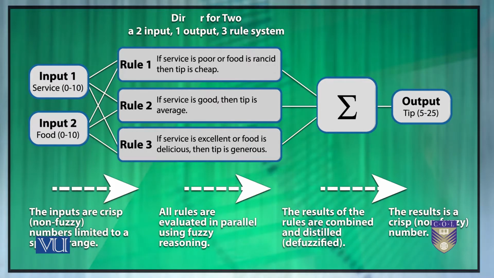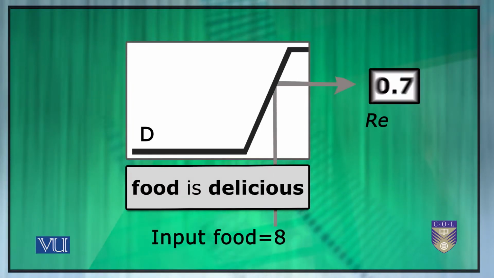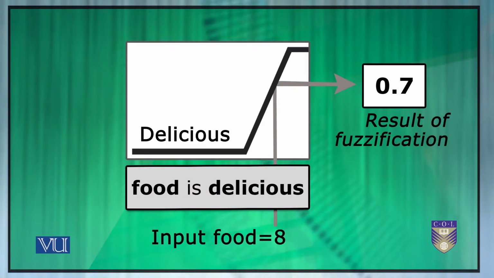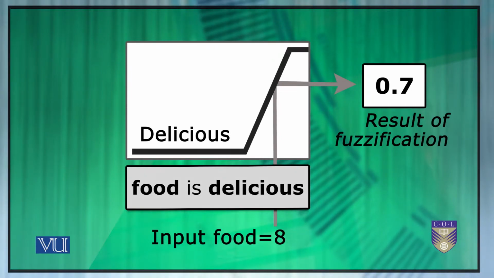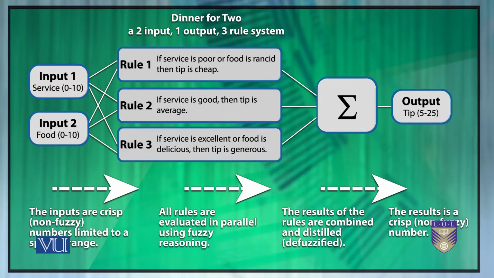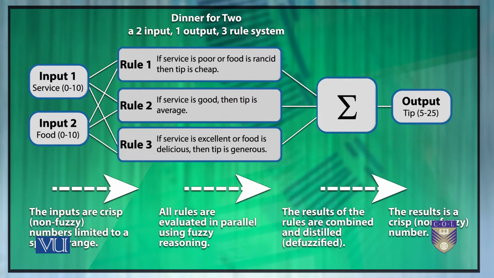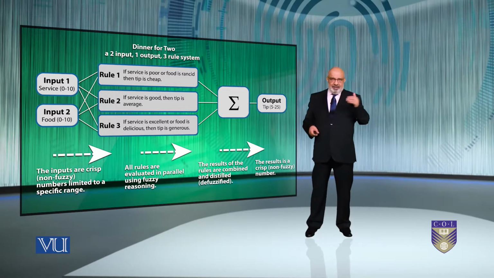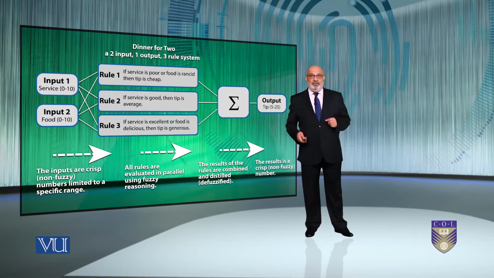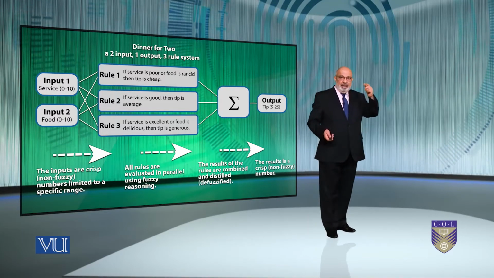The diners have rated the food as an 8. Given the graphical definition of delicious, that corresponds to a value of 0.7 of the delicious membership function. Now we apply the fuzzy operator. Once the inputs have been fuzzified, and we know the degree to which each part of the left-hand side, or the antecedent, has been satisfied for each rule, we apply the fuzzy operator.